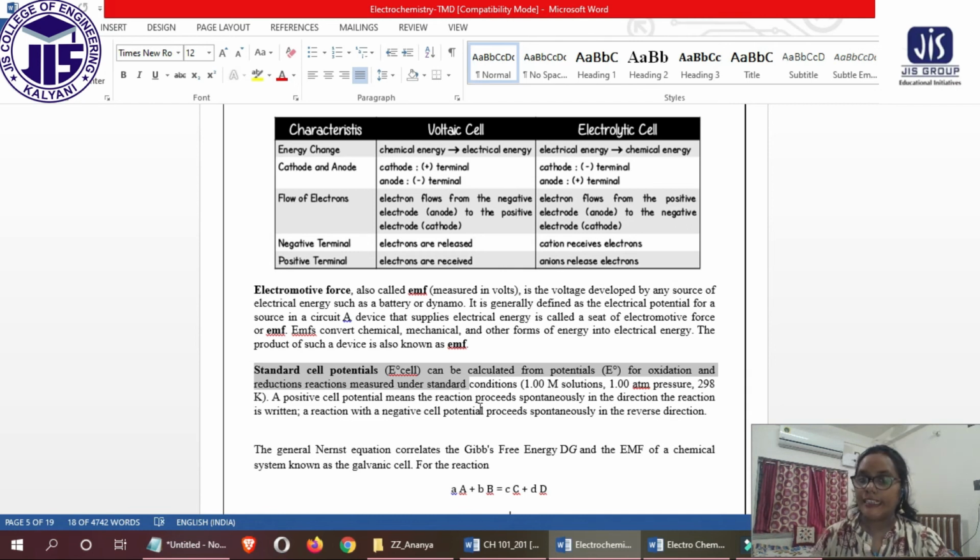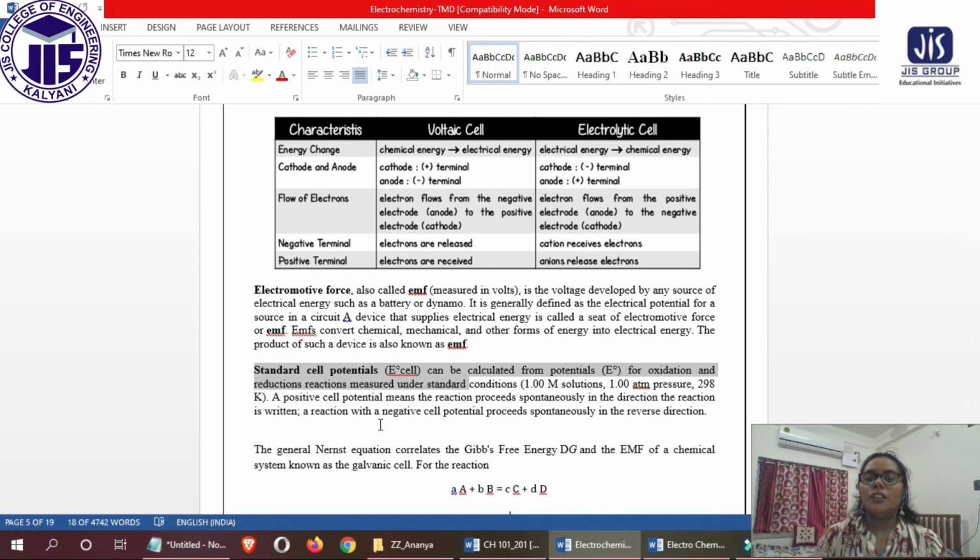If we maintain the standard conditions, whatever cell potential we get is called the standard cell potential. A positive cell potential means the reaction proceeds spontaneously in the direction in which the reaction is written. A reaction with a negative cell potential proceeds spontaneously in the reverse direction.